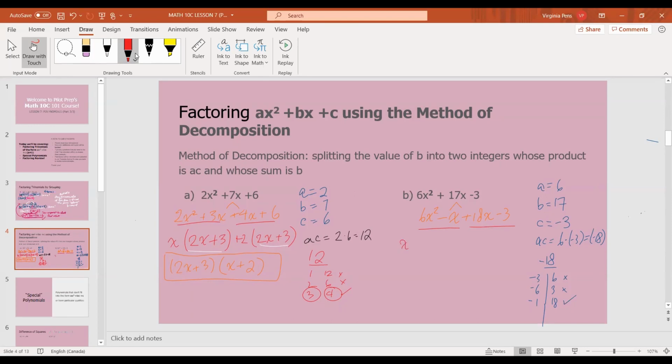So we can just take out an x, which leaves us with 6x minus 1. And then in 18x minus 3, we can take out a 3, because 18 is 3 times 6. What we're left with is 6x minus 1. And surprise, they are the same.